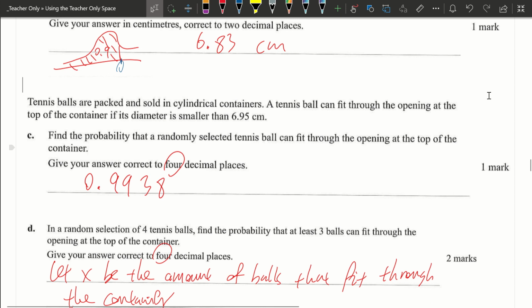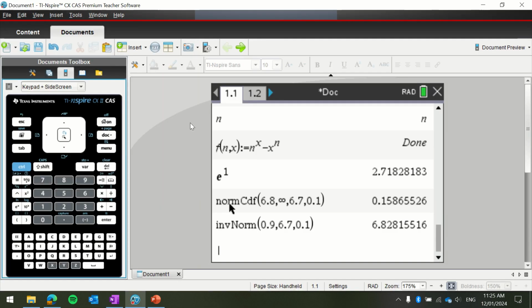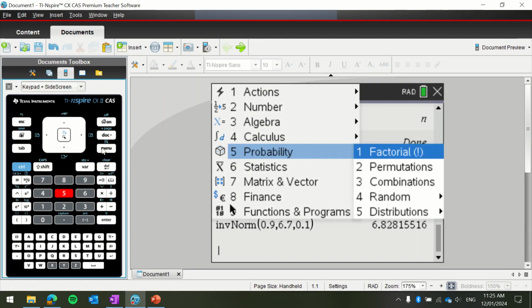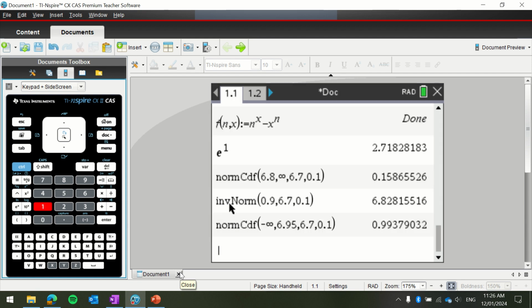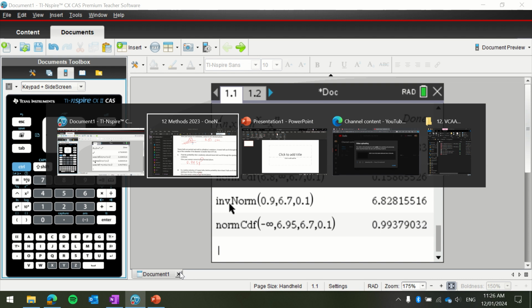So I need the diameter smaller than 6.95. 6.95 is the biggest diameter. 6.7, 0.1, 0.9938.